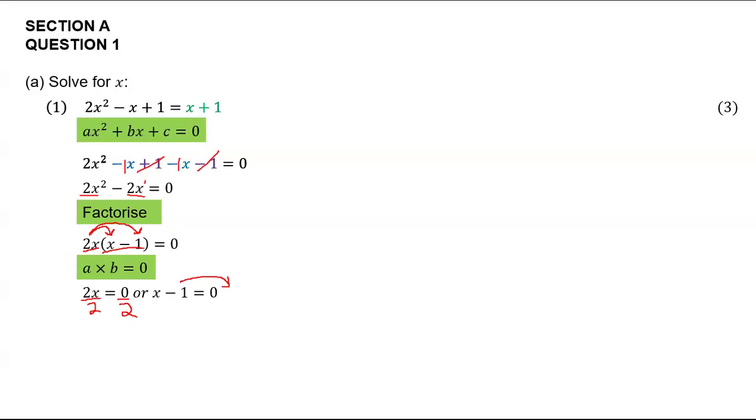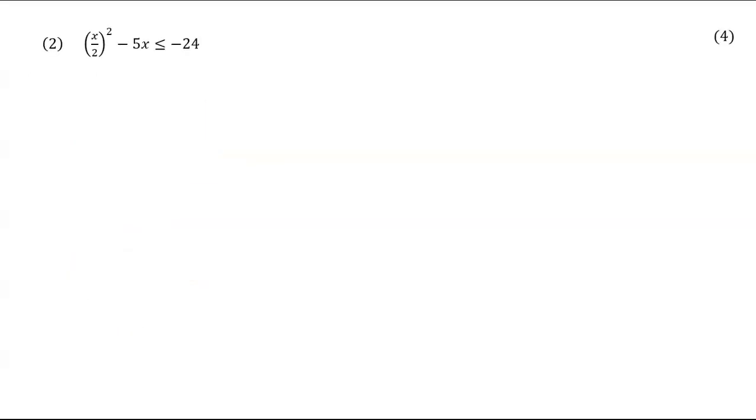It will turn to positive. You will have x is equal to 0 and x is equal to positive 1. And this is how I will allocate marks for writing it in standard form and for the solutions. Because factorization, it's obvious. Okay, let us move to inequalities.